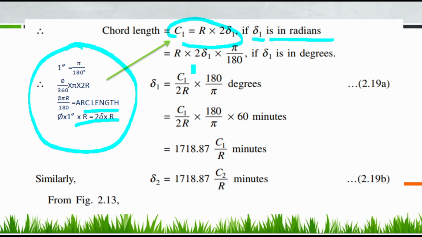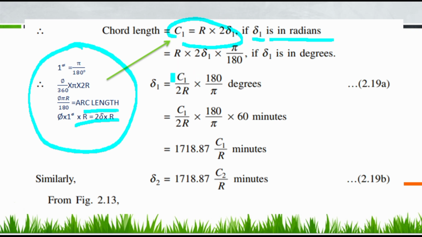So here I multiply directly, just like I've done here. The one radian here I change back again. So this will be R multiplied by 2 times the deflection angle, and if the deflection angle is in radians, then one radian is equal to pi over 180 degrees, a concept found in high school and even in the lower grades.